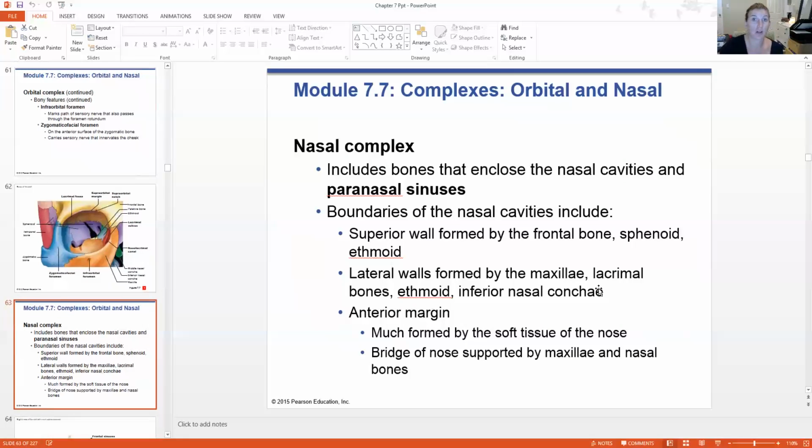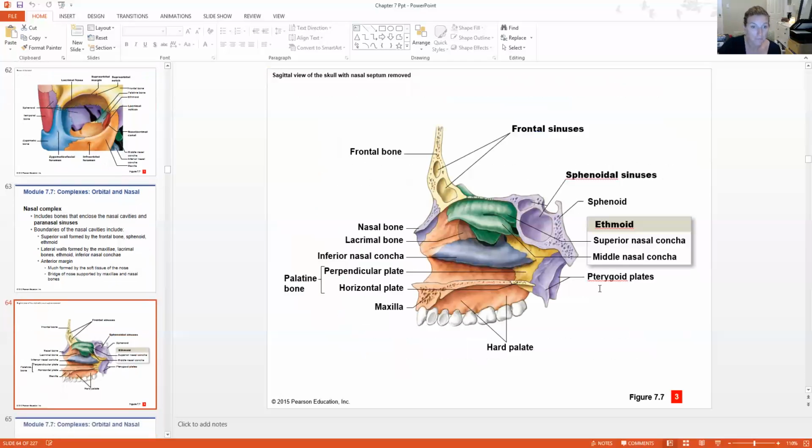Let's talk about the nasal complex, and we'll probably get a better view of that nasal cavity. The nasal complex forms the nasal cavities and the paranasal sinuses. There's boundaries, and again, I'm not going to say which of these are the boundaries of the nasal cavity, but you have to know what the nasal cavity is. You have to know what bones make it up. So it's good review and important for everything.